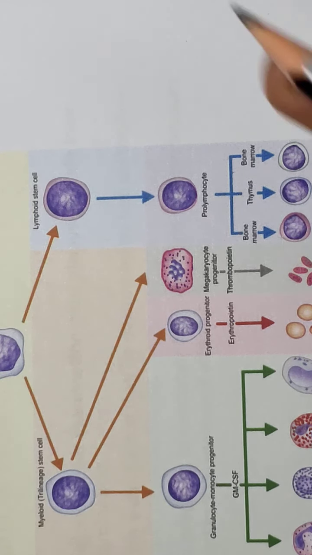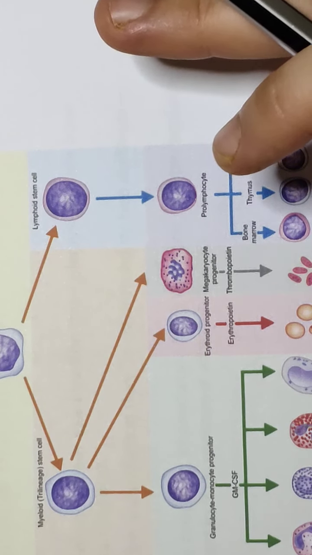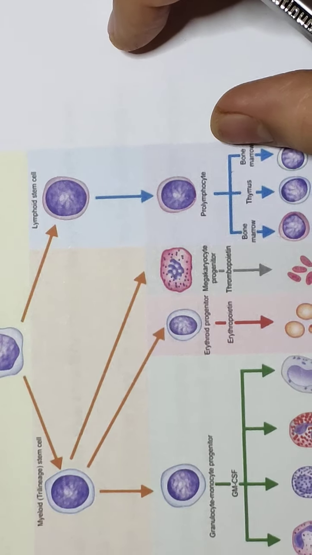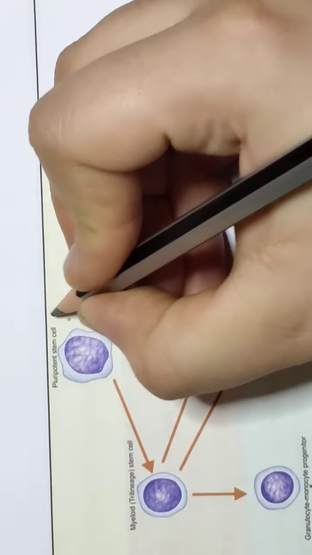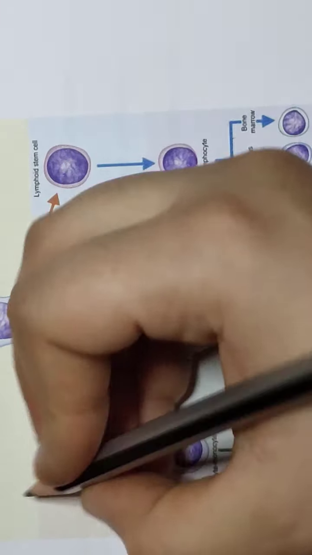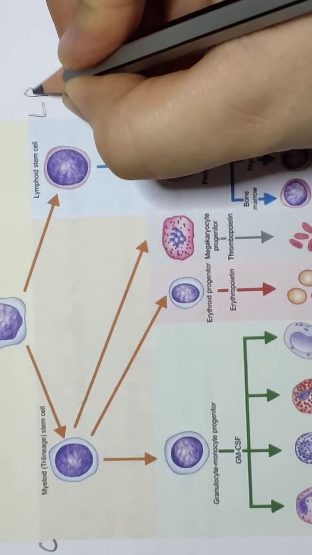See, what I've taught you is also correct, and this image is also correct. So please do not get confused. That is much easier than this. So you can see this is your hematopoietic stem cell. This will differentiate into myeloid progenitor cell and lymphoid progenitor cell.